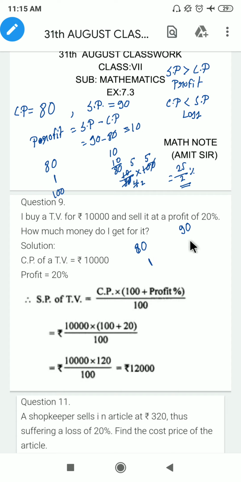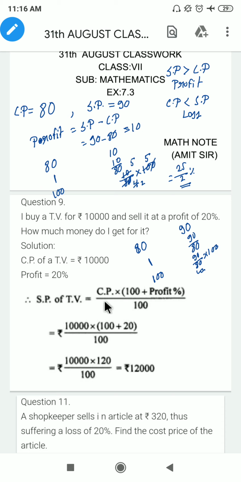Whenever the buying price is 1 rupee, the selling price is 90 by 80 rupees. And suppose the buying price is 100 rupees, then the selling price is 100 times this much. That way you can use the unitary method also.